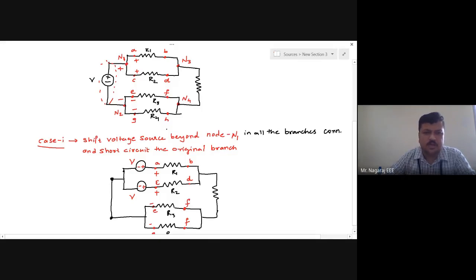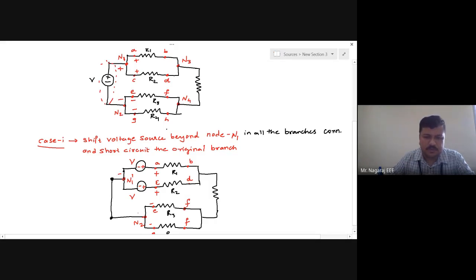Then what about here? E terminal of R3 is negative. G terminal of R4 is negative. I should see this also. So now this new node, I can call this N1 dash. This new node is at negative potential, because it is the negative terminal of the voltage source, both the voltage sources of equal value, because this is the same source I am shifting in both the branches. And this node N2 is directly connected through a wire to N1 dash, so it means the same connection.